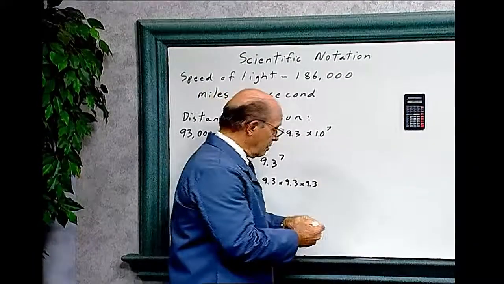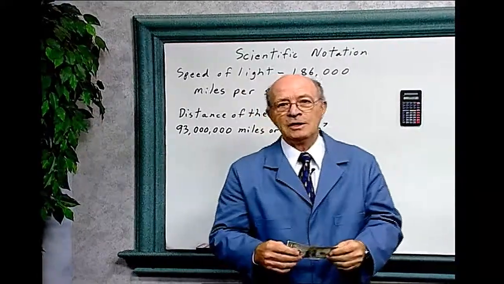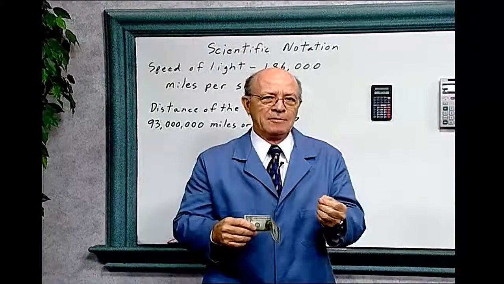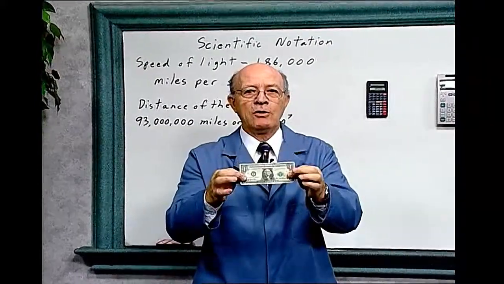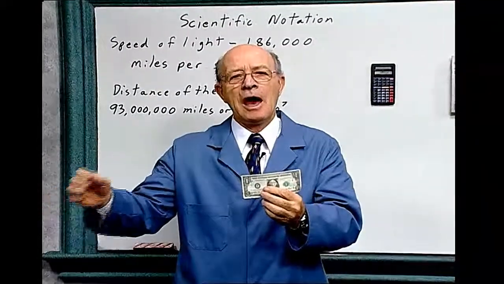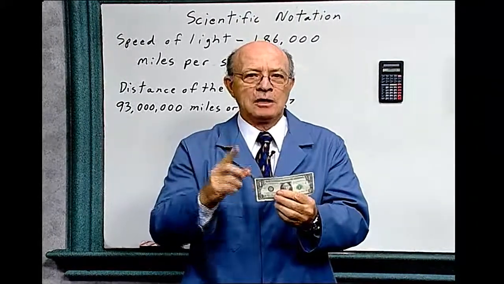Now there's another problem that I'd like to show you. This is just a trivia question. How much is a billion? 1 billion. Now say you could earn $1 for every second and you put it away in the bank. How long would it take you to earn $1 billion?